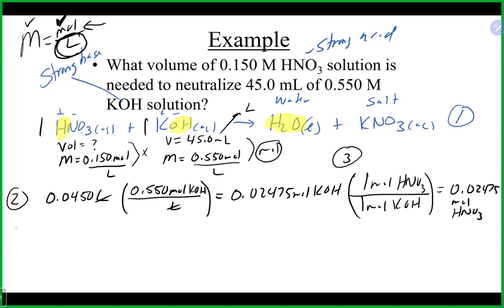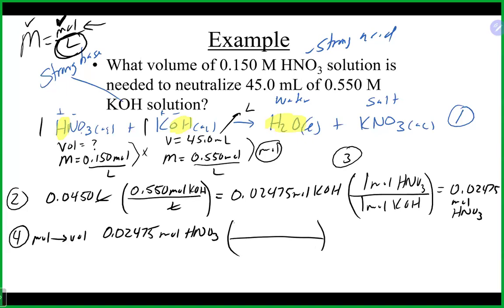So step number 4 here is we're going to take those moles, in this case, to volume. So I have my moles of my nitric acid. And once again, by just taking a dimensional analysis approach, I don't have to worry about rearranging this equation. I could just go opposites cancel. I want to get rid of moles. I'm going to use my molarity here as a conversion factor. So I'm going to, wrong molarity, I'm going to point to the right one there. There we go. The nitric acid's molarity. And we're going to use that as a conversion factor.